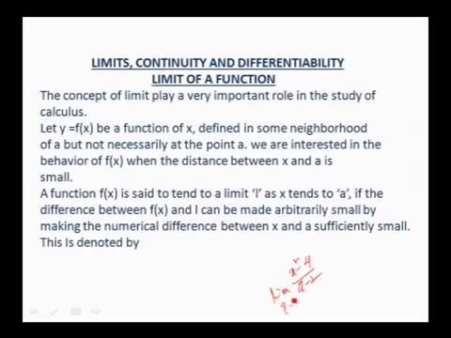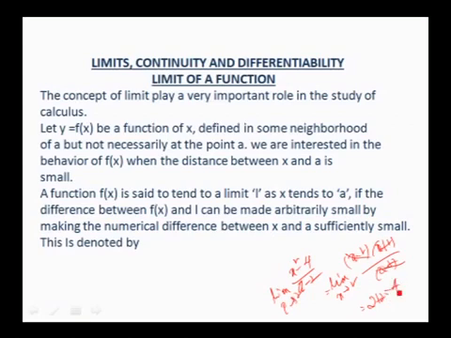We can see this in this chapter after considering the definition. When x is not 2, possibly when x is very nearly equal to 2, I can write this as limit as x tends to 2 of (x − 2)(x + 2)/(x − 2). I can cancel x − 2 and this is limit as x tends to 2 of (x + 2), which is 2 + 2 = 4.